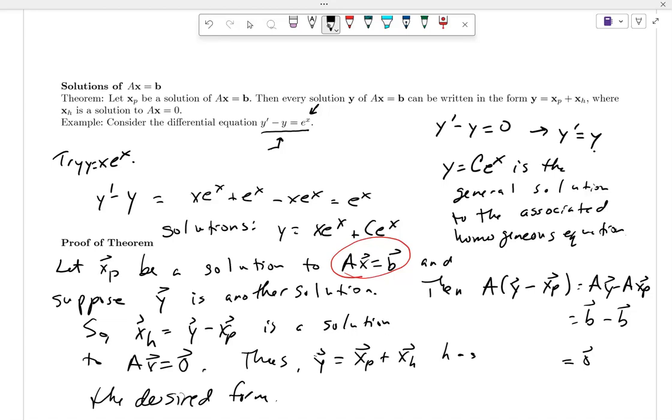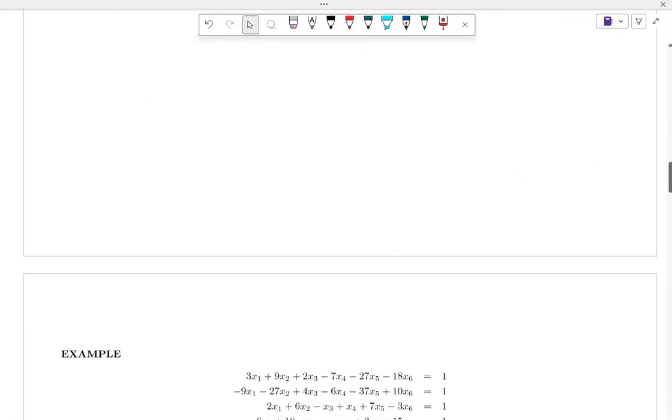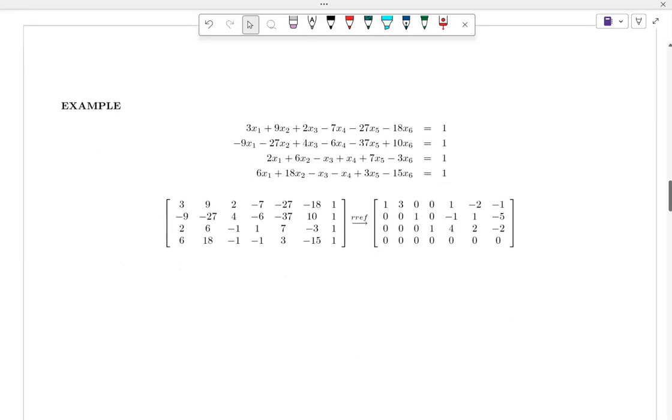Let's see how this works with a specific example. I gave you a lot of room to write down a proof that wasn't very long. Let's do a specific example. Here's a system of 4 equations and 6 unknowns.